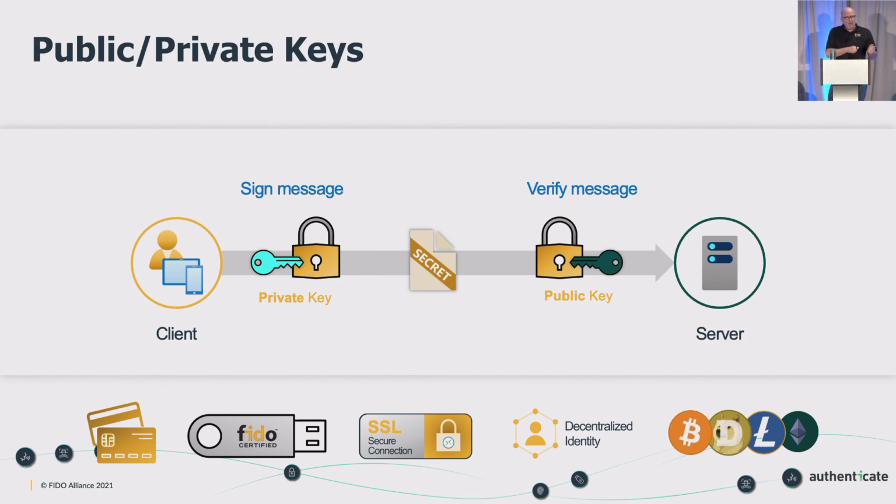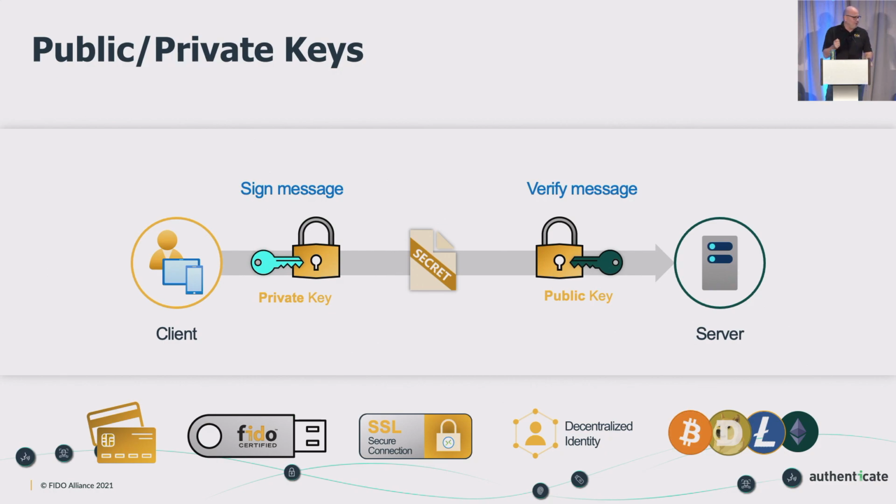So when somebody's doing the authentication, and I described the flow earlier, but I'll go through it again, the main way in which it's used in FIDO is that a message gets sent from a relying party to say, is this really you? And the private key is used to sign that message. The message is then returned to the relying party.